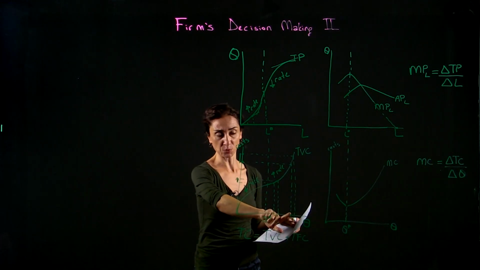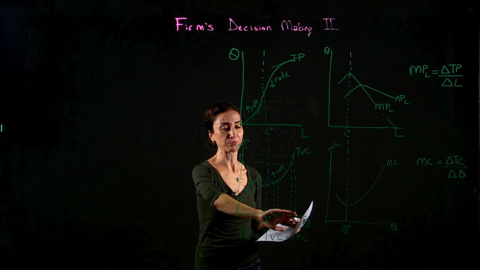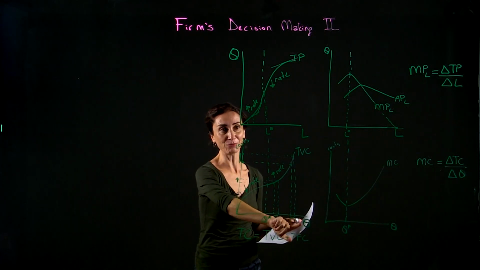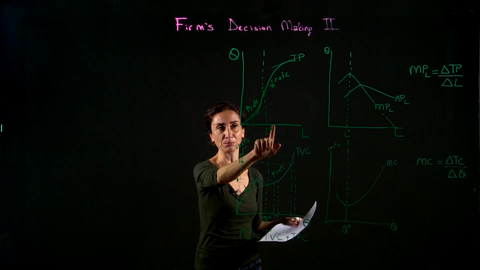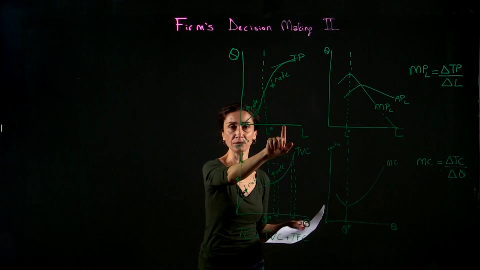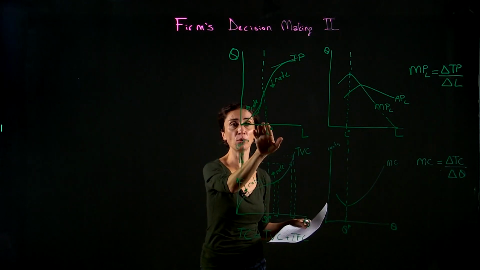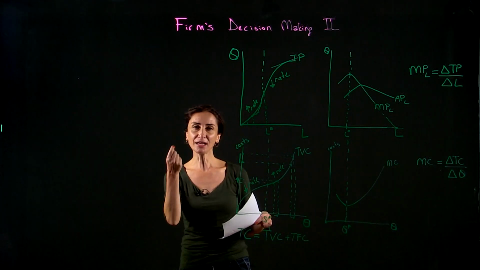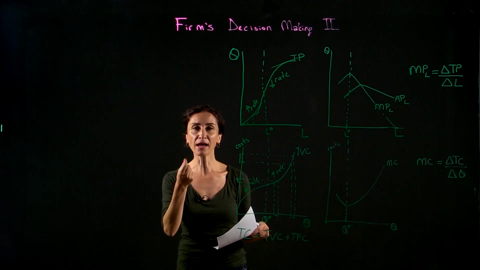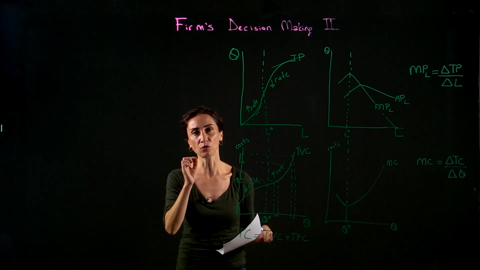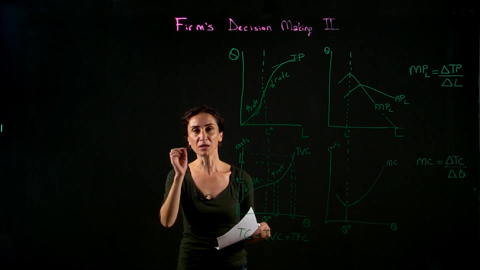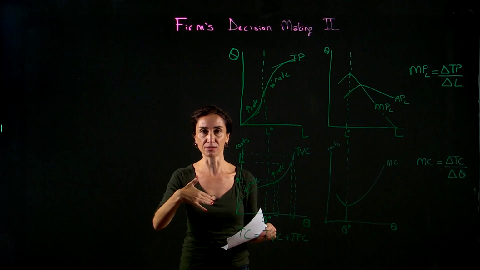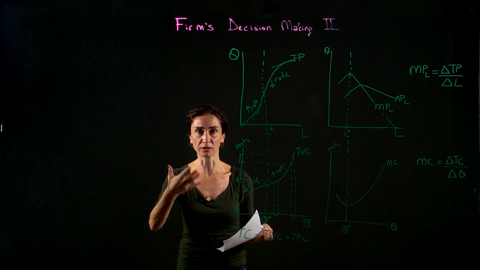For this worker as well, when I increase labor by 1, at any point, it doesn't matter. Each labor, I have to pay the same amount of money, because firms are price takers in the input markets.